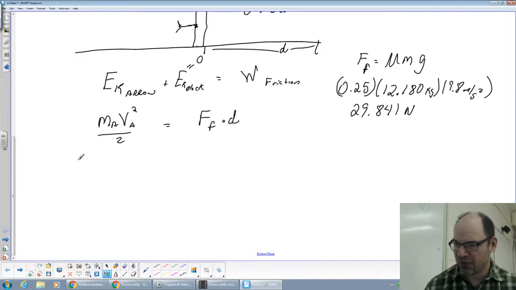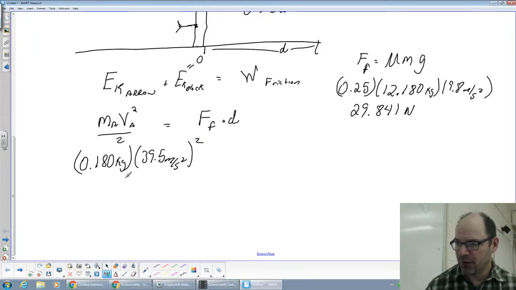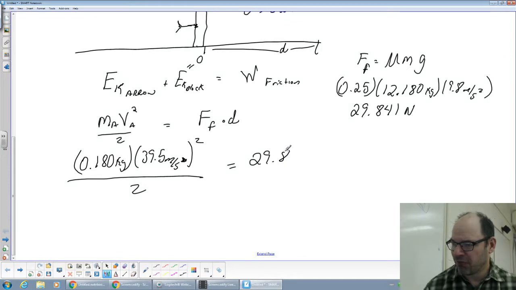So our mass of the arrow, 0.180 kilograms. Our velocity of the arrow, 39.5 meters a second, only, pardon me. So mass times velocity squared divided by 2 is going to equal 29.841 times d. Okay, and we solve for d.